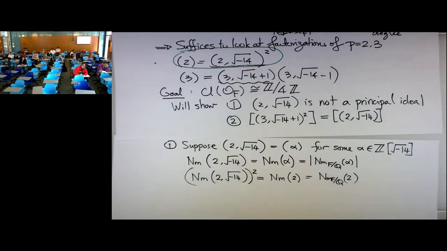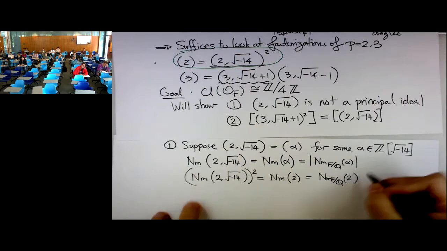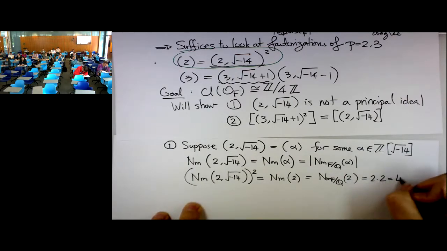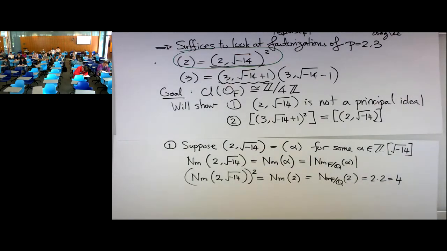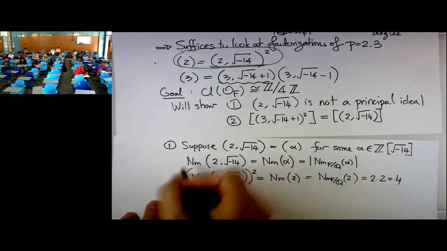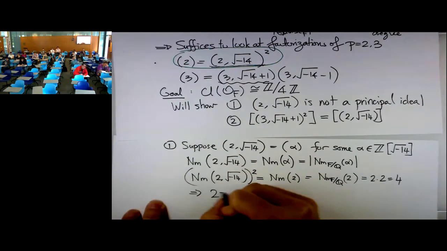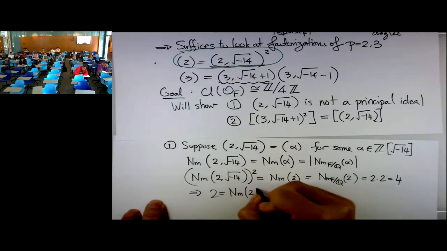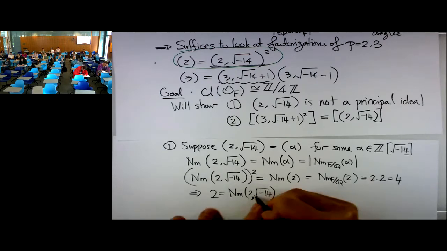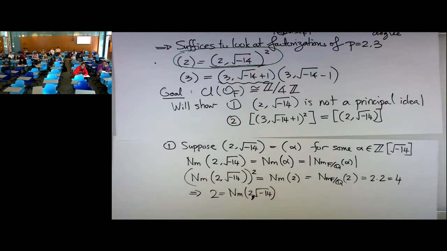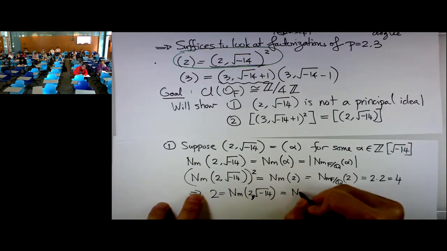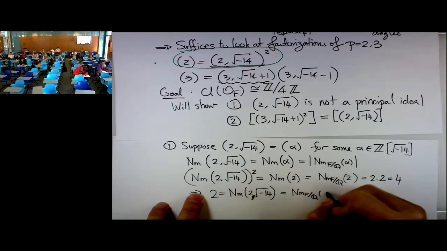The 2 under the 2 embeddings are both just 2, so you get 2 times 2, which is 4. Therefore this norm is 2, because the square of the norm is 4. On the other hand, this equals the actual norm of alpha.